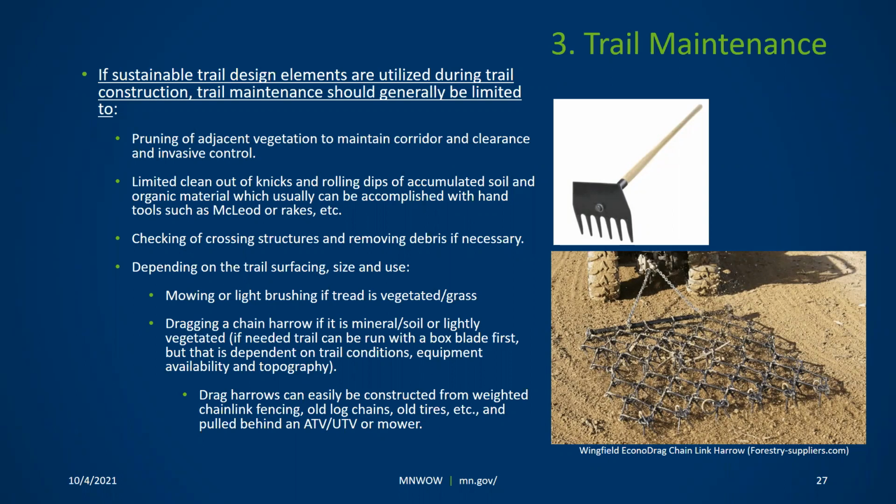These are varying prices, varying sizes. A lot of them are pulled behind an ATV. You can get a tine harrow that is reversible, so you can drag it with the tines down to get a little more of an aggressive grade on it. But depending on where your site is, how rocky it is, how many roots are exposed, you can just drag chains. And these are pretty easily constructed as well.